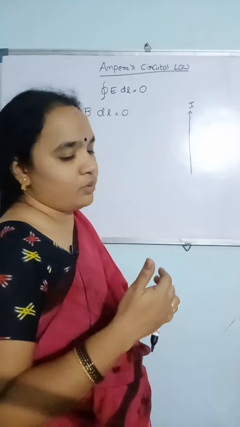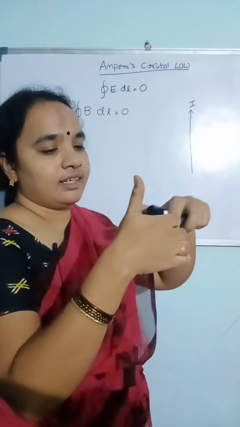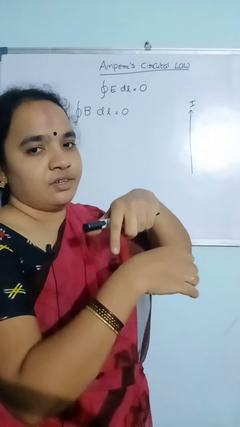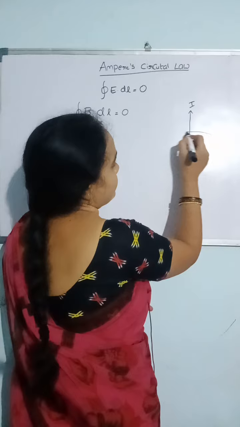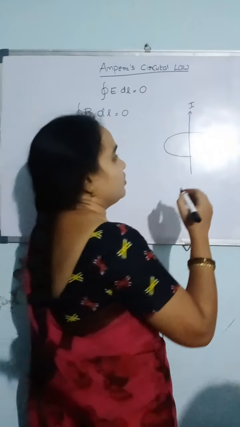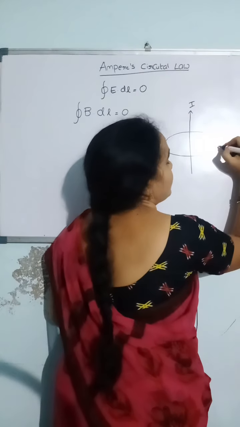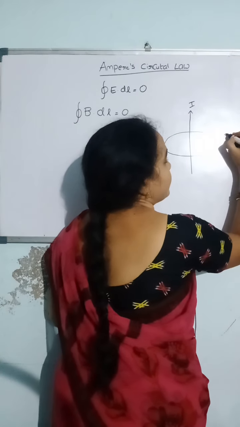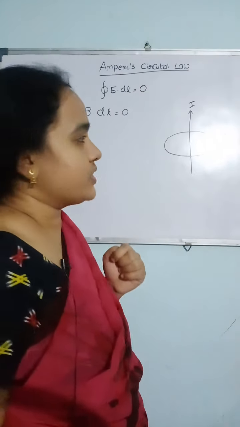According to the right hand thumb rule, around any current carrying conductor a magnetic field is generated. If you want to calculate the magnetic field at any point, we should draw a tangent at that particular point, then we will get the magnetic induction.